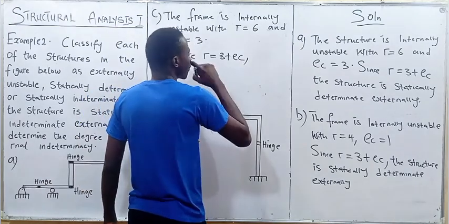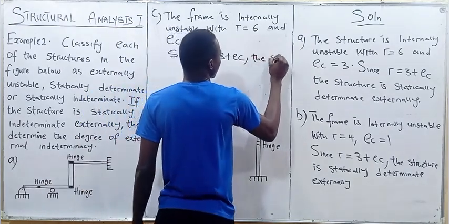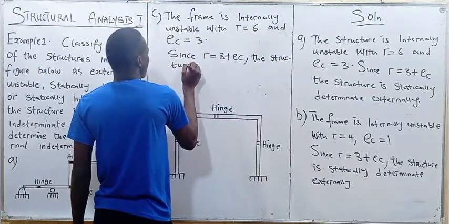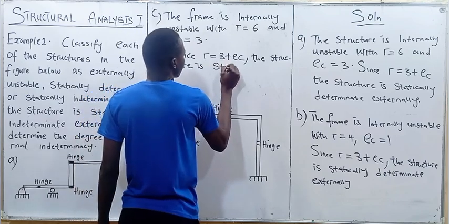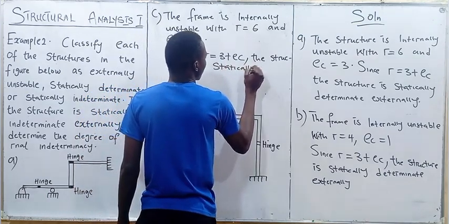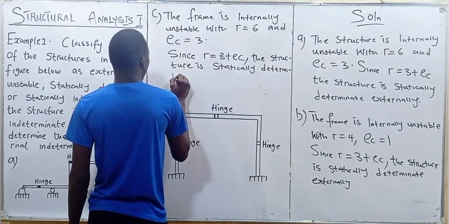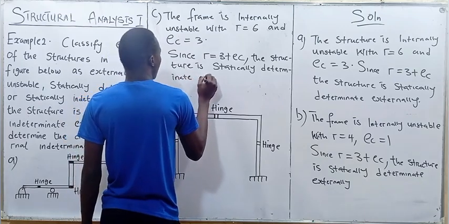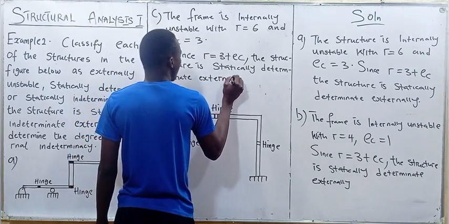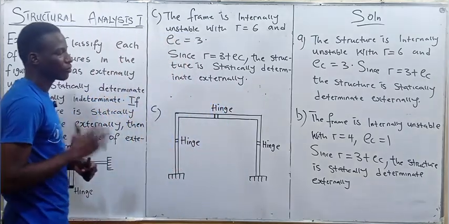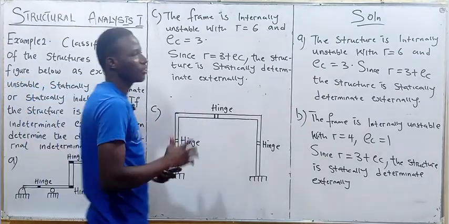Since R is equal to 3 plus EC, the structure is statically determinate externally. And so there's no need to calculate the degree of external indeterminacy because this is a determinate structure. So that's that for these 3 examples.